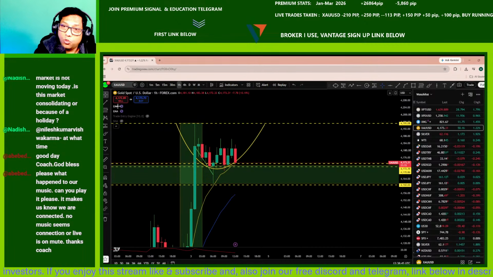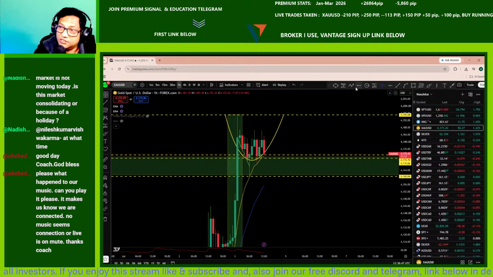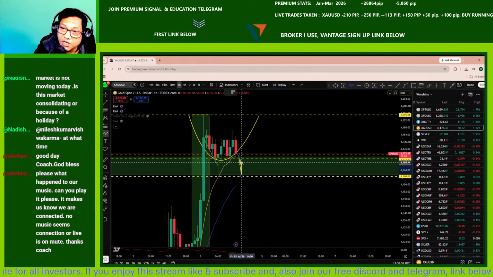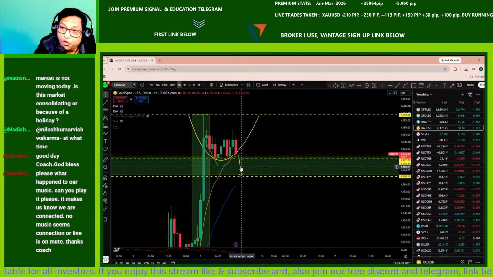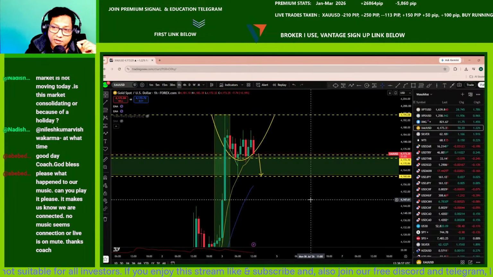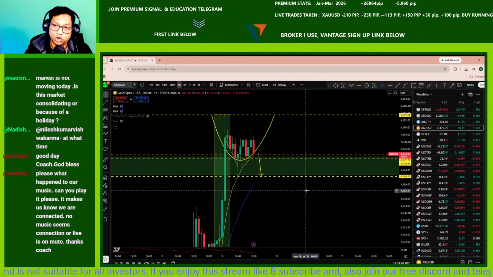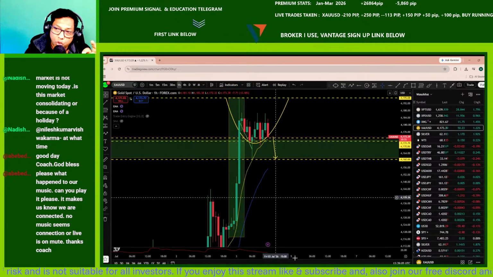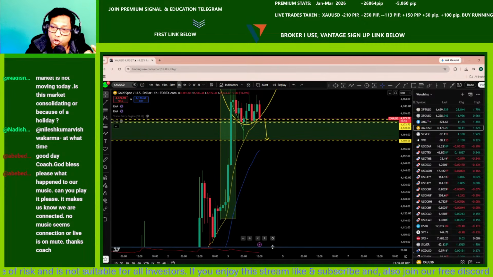And that is why we are waiting for the price action to come even lower here. If we can enter at the level or near to the level where we are supposed to place the stop loss, then we can take an additional zone here for a stop loss level.